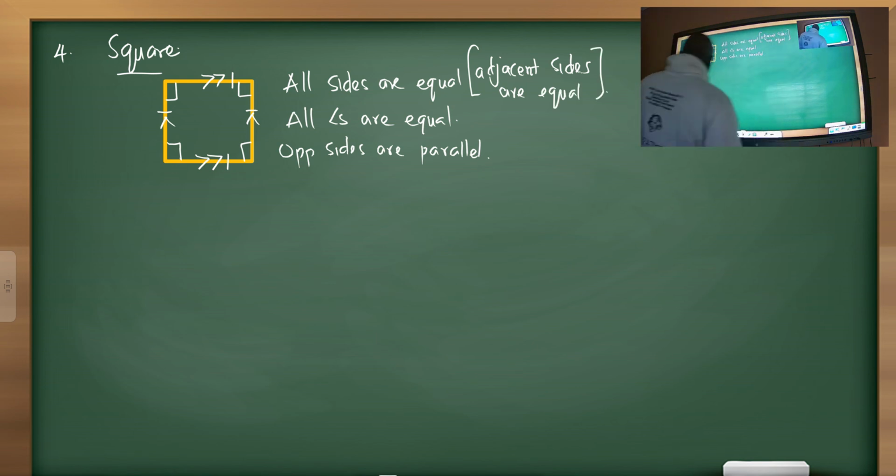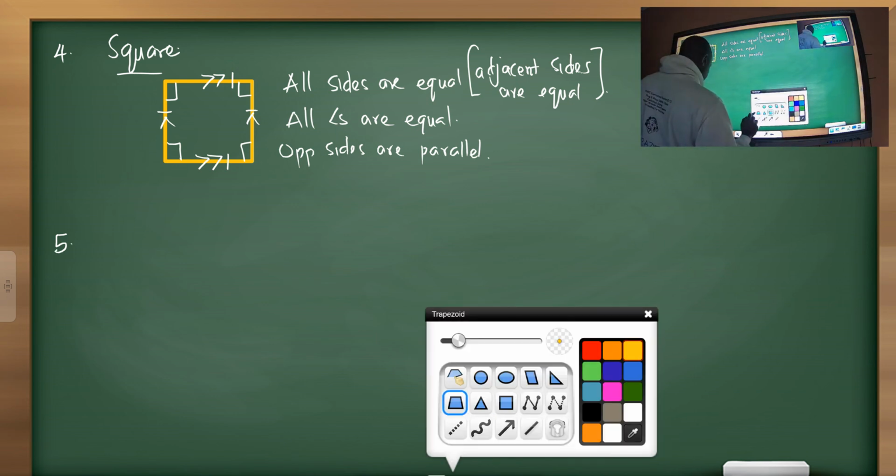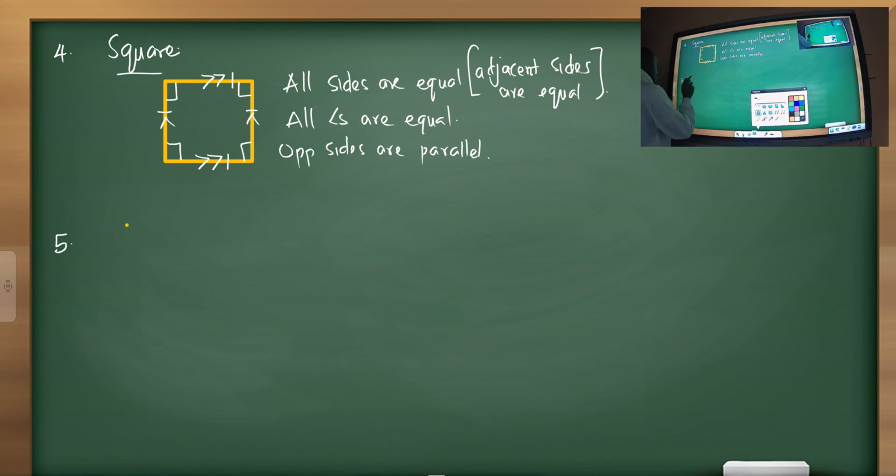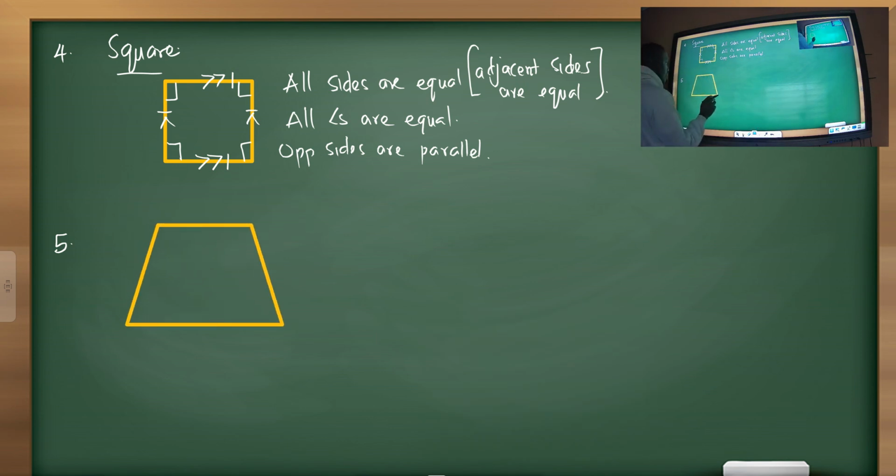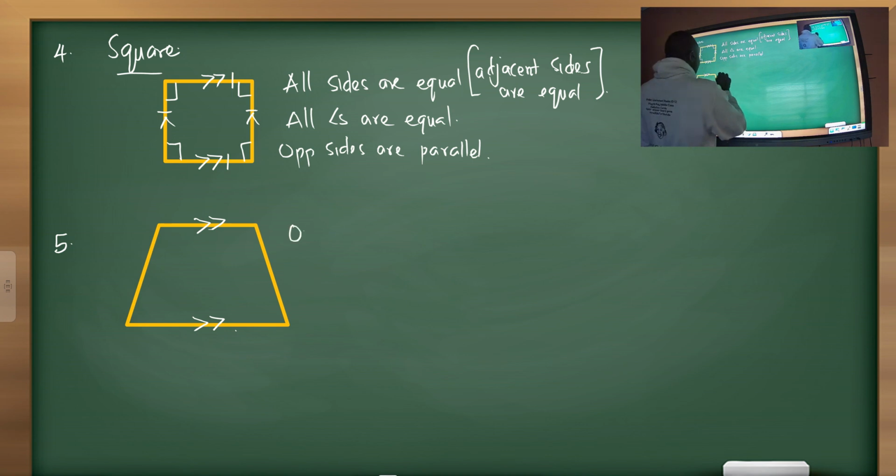All right, number 5, I said we have 6 of them. Number 5 is a trapezium. All right, so a trapezium is a quadrilateral with one pair of opposite sides.